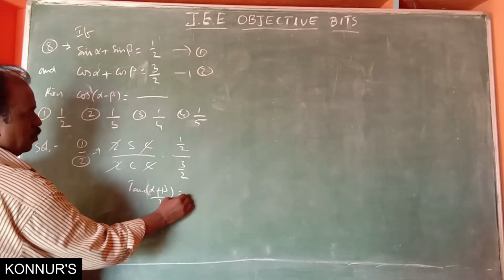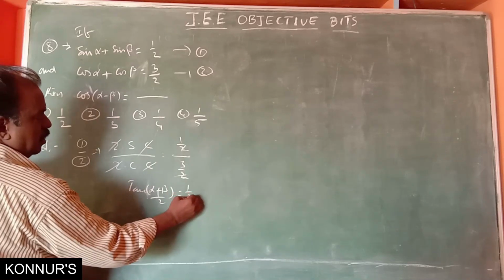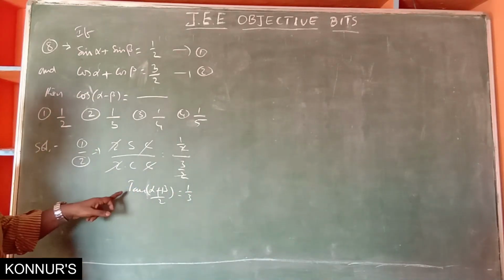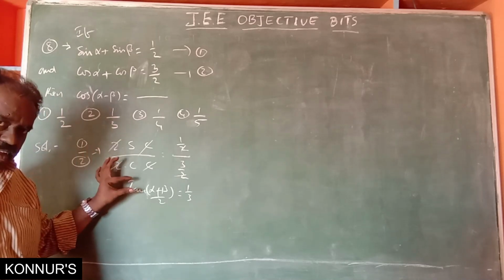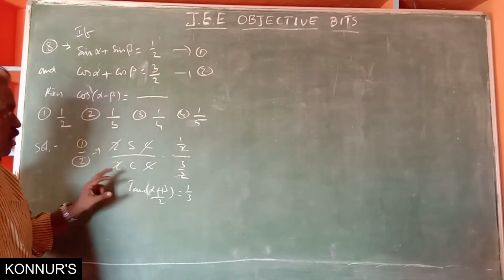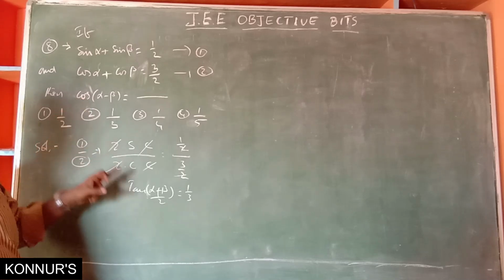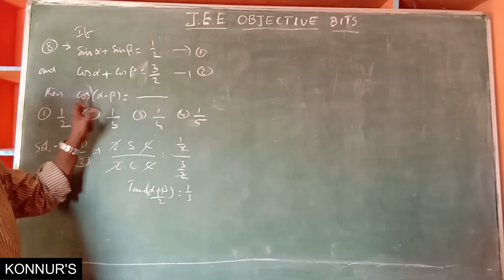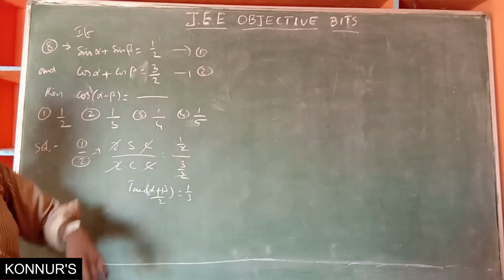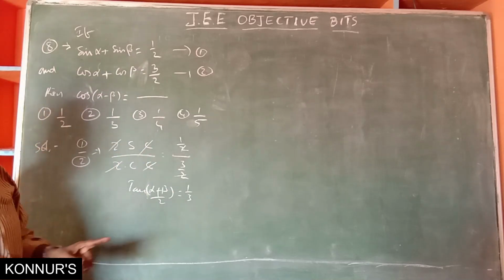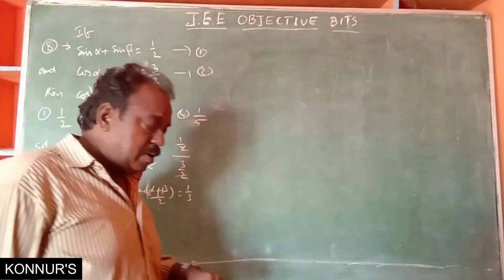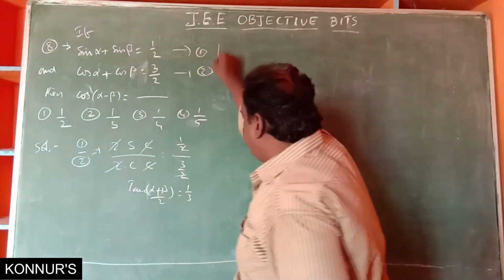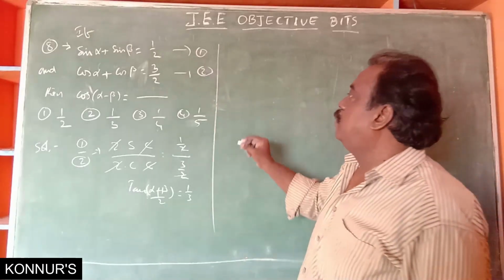Tan of (alpha plus beta)/2 is equal to, the 2 cancels, 1 by 2. But this result is correct only up to here. We are not asked tan of (alpha plus beta)/2; we are asked cos of alpha minus beta. So don't do it like this. A different method we have to apply.